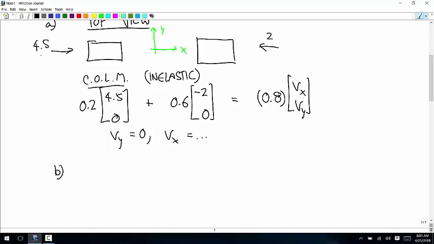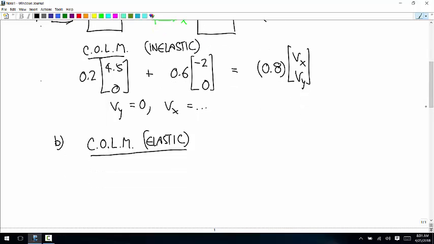Okay, let's go to part B. This is the elastic one. So we're just going to use the x component of conservation of linear momentum, and then we'll use the requirement that the total kinetic energy is equal at both instants.